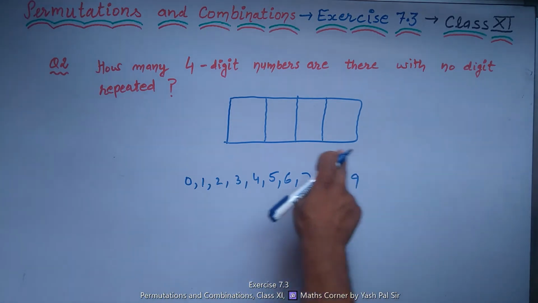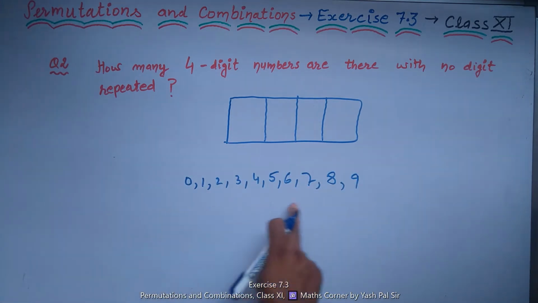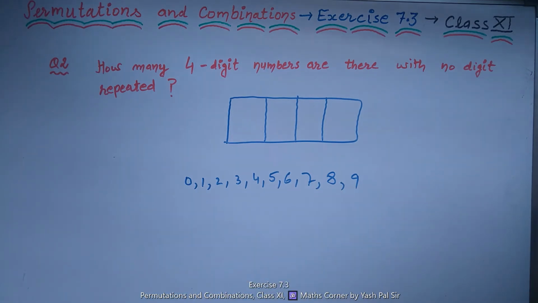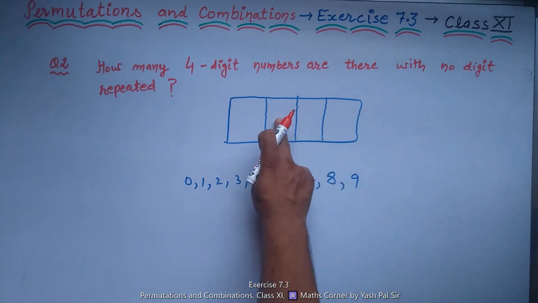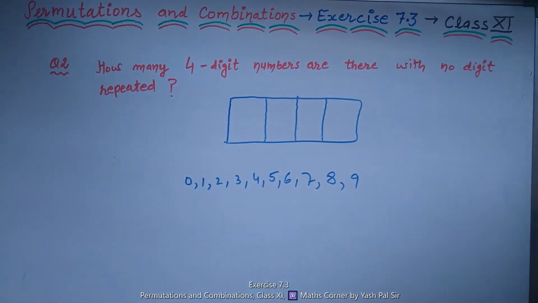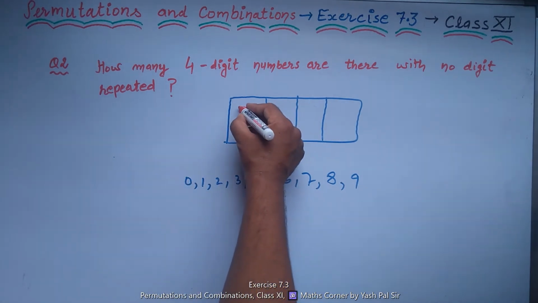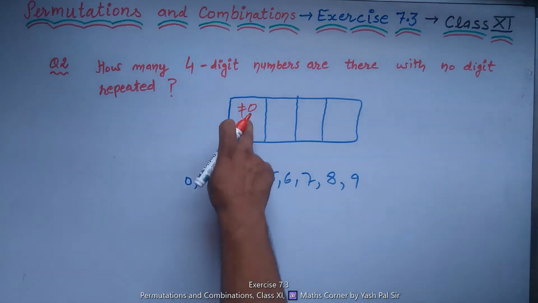These are the total digits in the universe. Okay, all the numbers are formed by using only these 10 digits. So in order to make a 4-digit number, it is compulsory that the thousands place cannot take 0, the other places being ones, tens, hundreds. 0 can never come here.